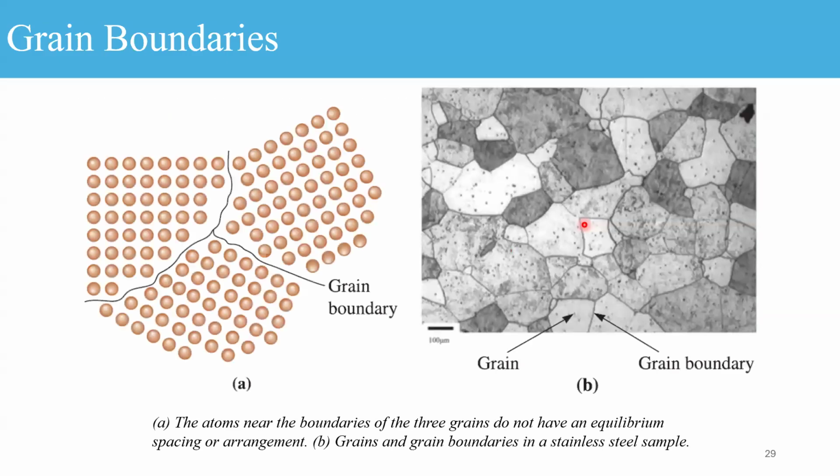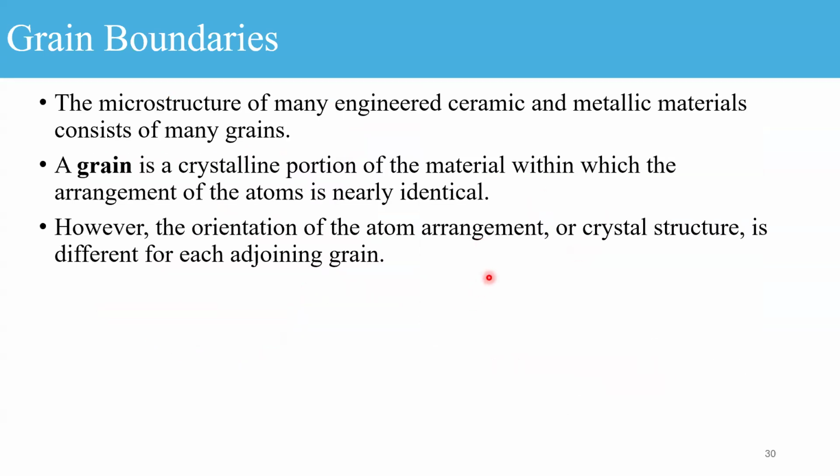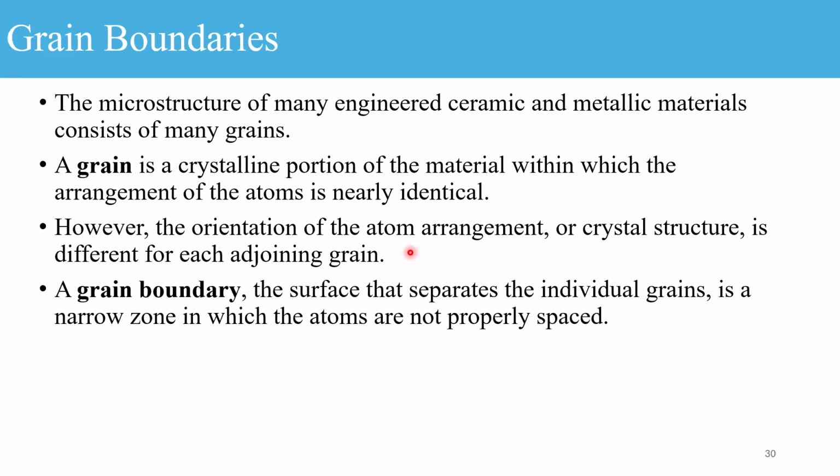Going back to this example, the arrangement of atoms is nearly identical in this case and this case, but they are organized in different orientations in each case. The orientation of the atom arrangement or crystal structure is different from adjoining grains, and hence the grain boundary, the surface that separates the individual grains, is a narrow zone in which atoms are not properly spaced.